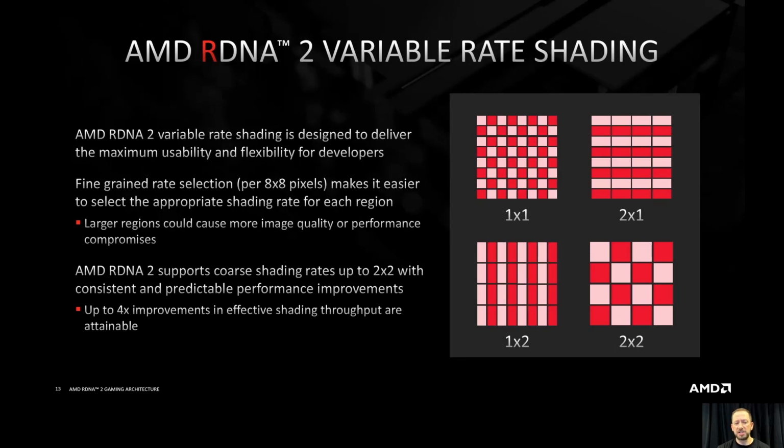Our implementation of VRS centered on providing very fine and flexible control of the shading rate, with a unique rate specified for every 8x8 pixel region. This fine spatial granularity makes it easier to unambiguously select the most appropriate shading rate, and thus makes it easier to extract both high quality and performance. The RDNA 2 implementation also introduces very few overheads into the rendering process and aims to scale in performance exactly as developers would expect, so that for a given shading rate, complex shaders will naturally scale in ratio to the reduction of shading, without unexpected limitations.